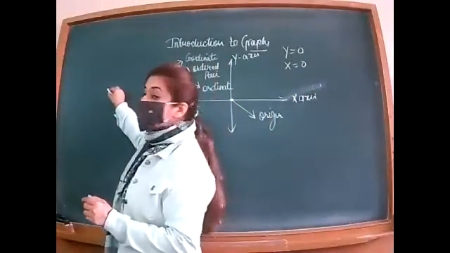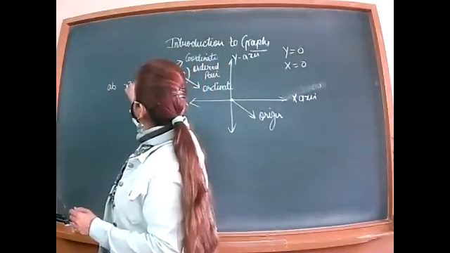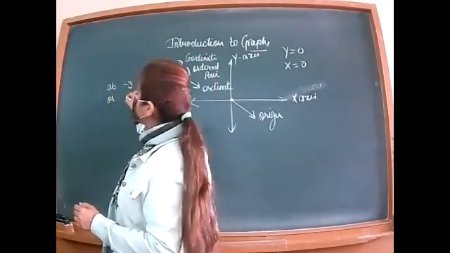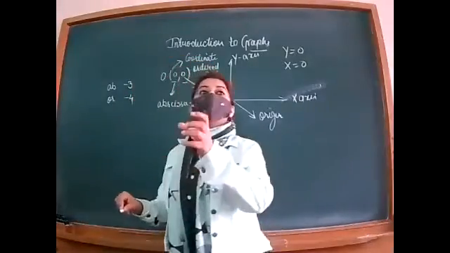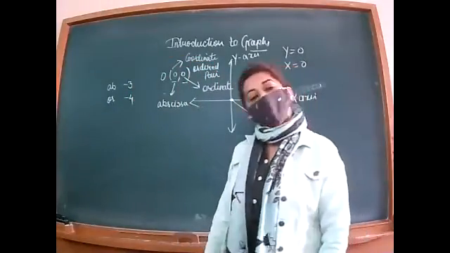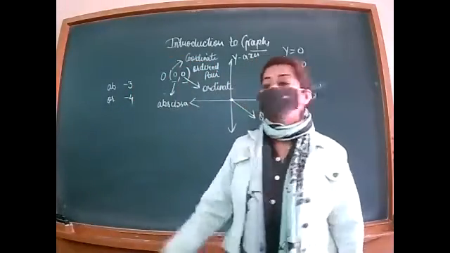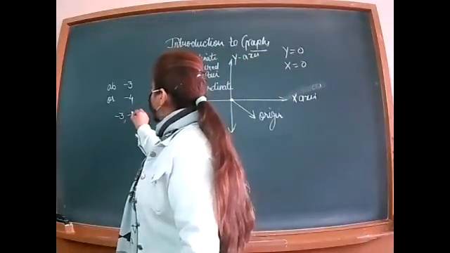Suppose abscissa is given to you -3 and ordinate is given to you -4. Then what will be the coordinate? -3, -4. Is it clear?